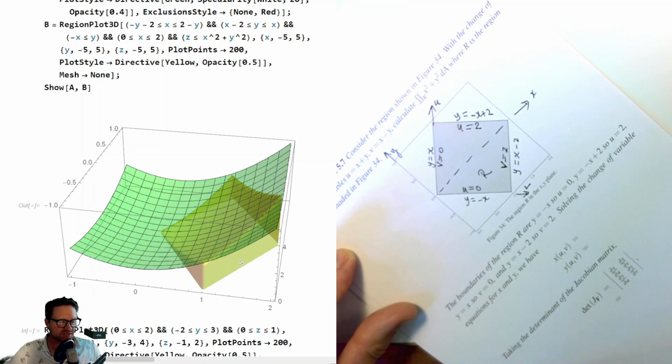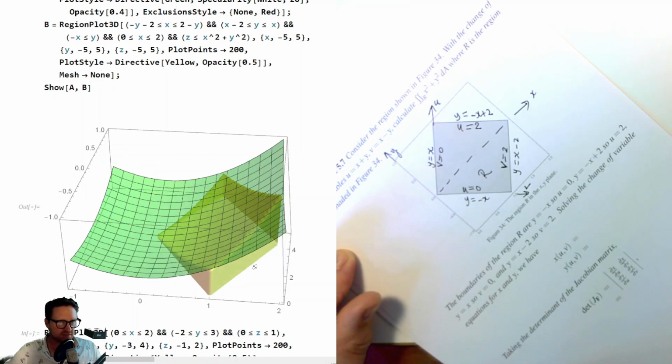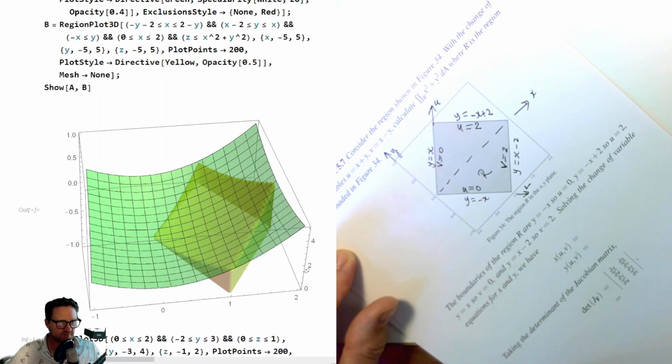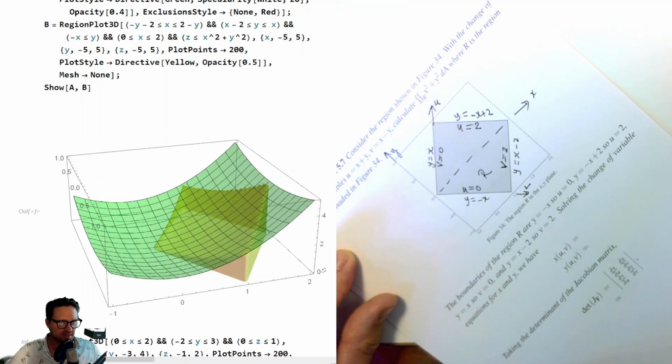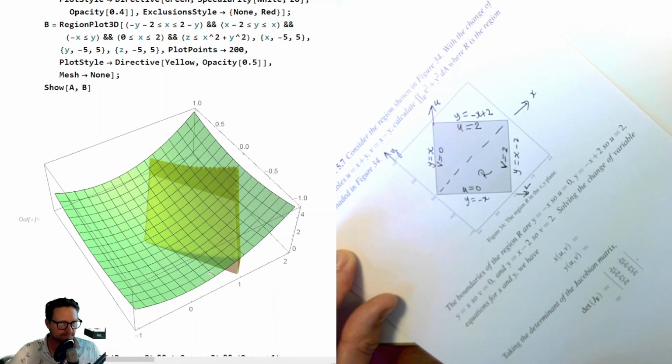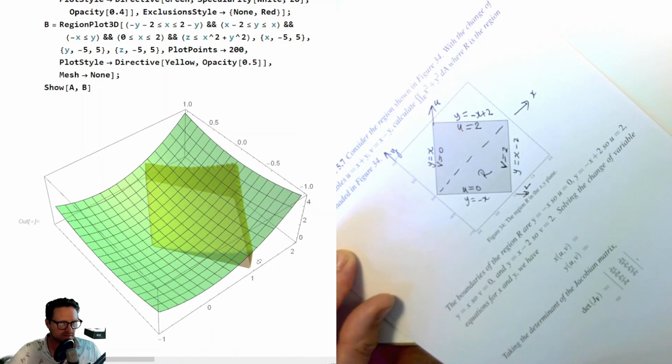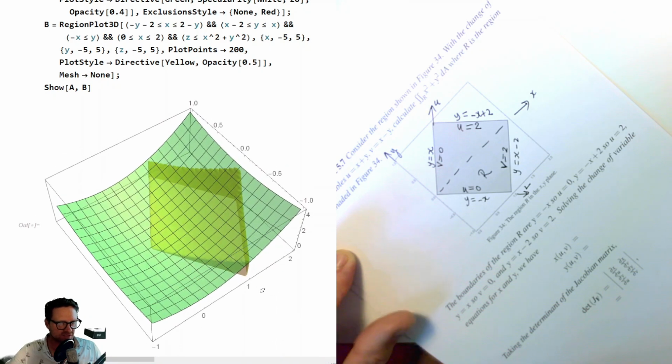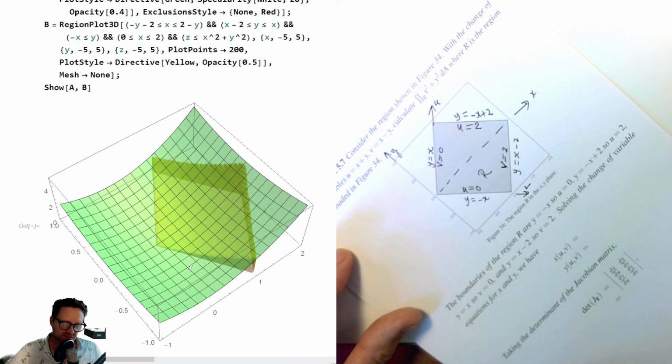So what we're doing is essentially making a change of coordinates and looking at it from this point of view, so suddenly that diamond becomes a rectangle. But to do that, we need to calculate the Jacobian matrix and take its determinant.